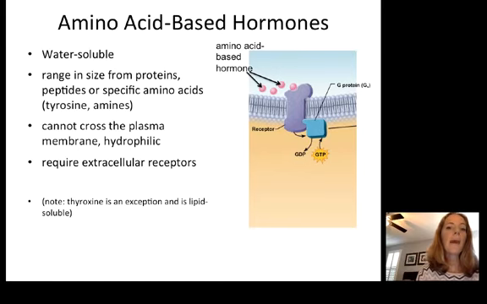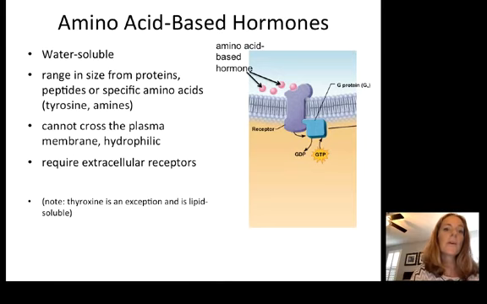So let's remind you of what types of hormones can get into the cell and what types cannot. So amino acid-based or water-soluble hormones, can they get into the membrane or not? Remember back to our membrane transport lecture.